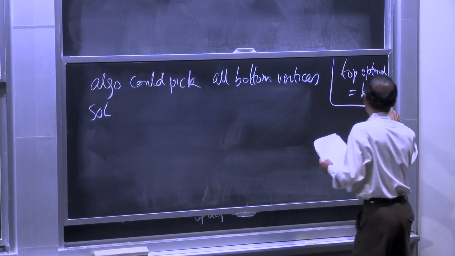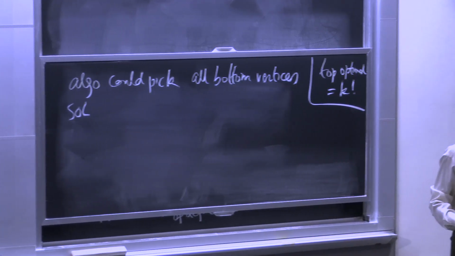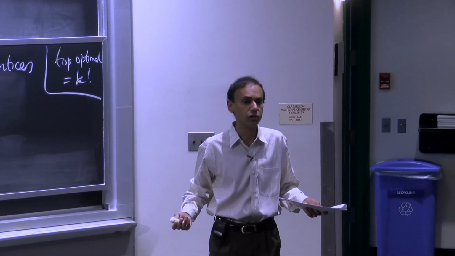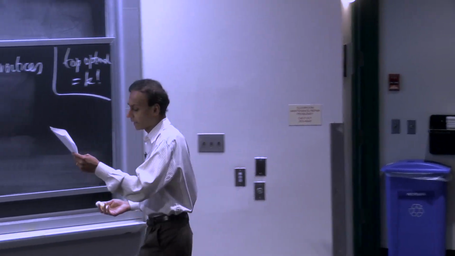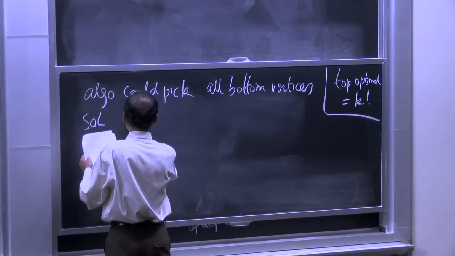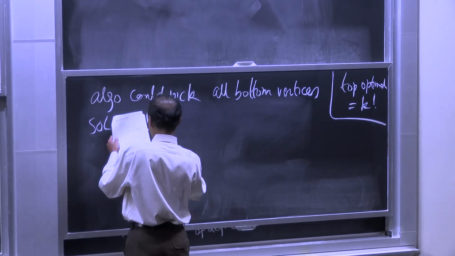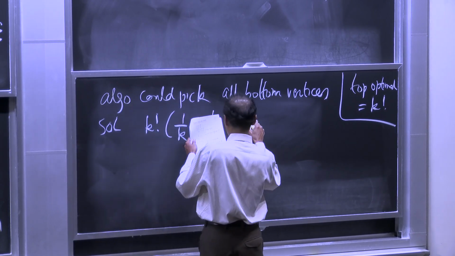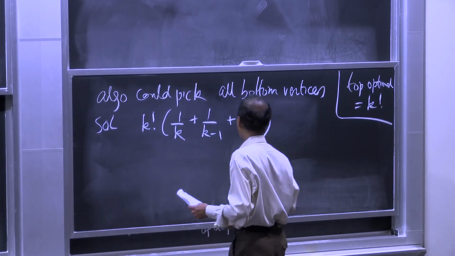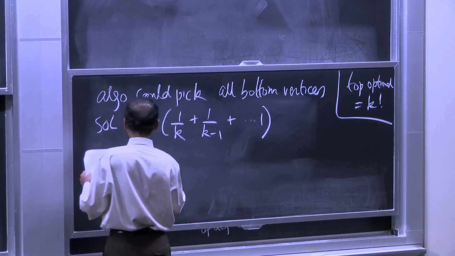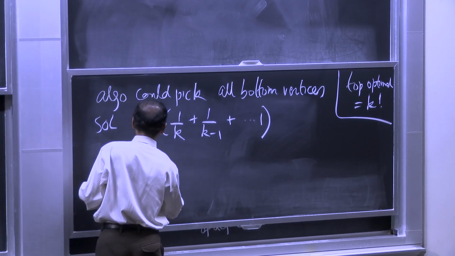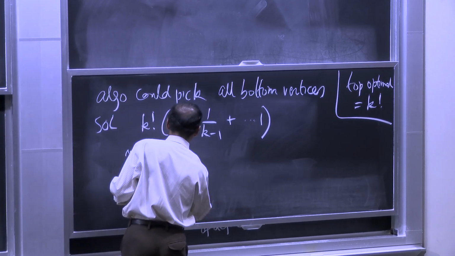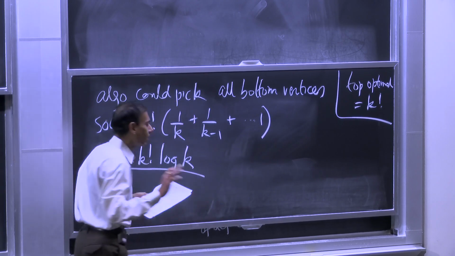According to my parameterized graph, that's k factorial in terms of the optimal solution for this graph. But if I pick the ones at the bottom, then it's k factorial times 1/k plus 1/(k-1) plus ... plus 1, which is our harmonic number, and that's approximately k factorial log k. And this is where I misspoke.